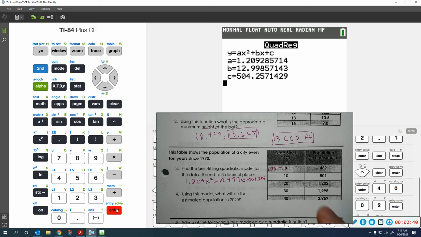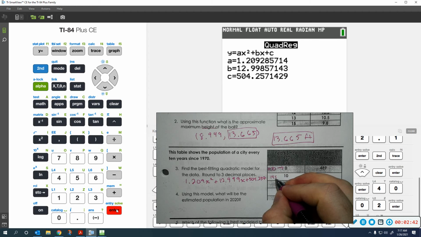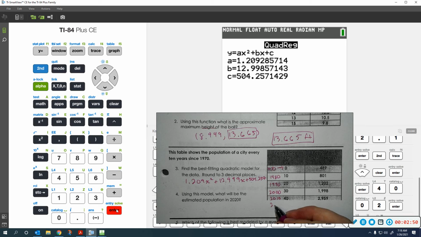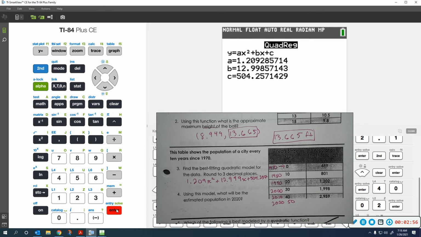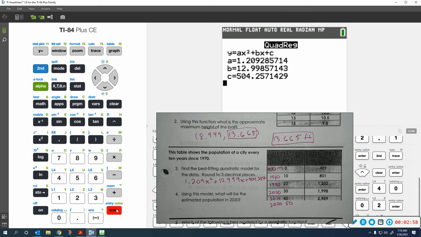Well, if this is 1970, and this is 1980, 1990, 2000, 2010, so 2020 would be 10 more years, so it would be at 50. There's a couple different ways we can do this. We can plug in 50 for x, or we can see it in our table.